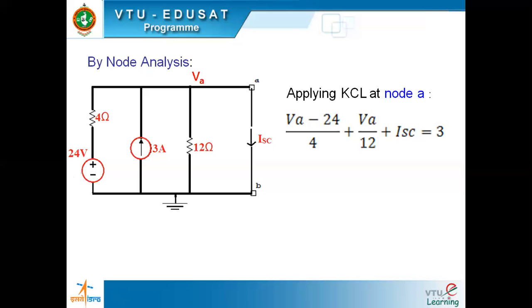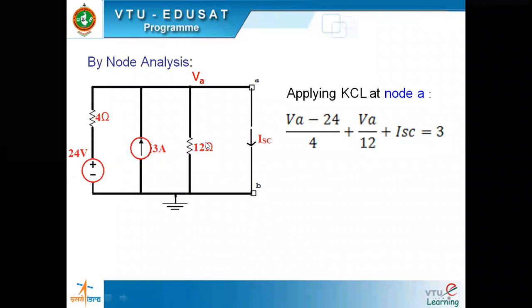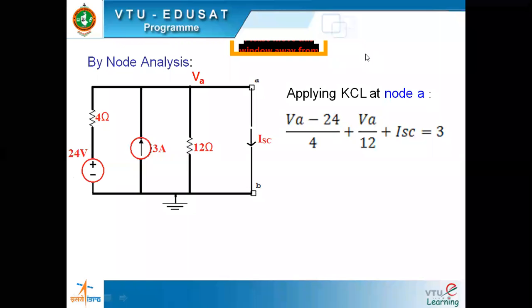Okay. So what will you do to find out the short circuit current here? Okay, let me give you a hint. Do we know VA? Can you tell me what VA is by looking at this circuit? This node A is connected to ground.